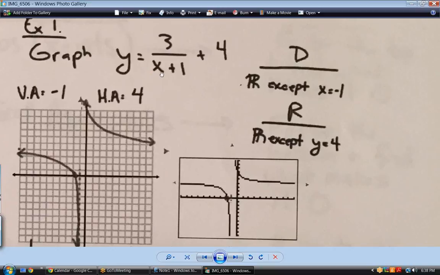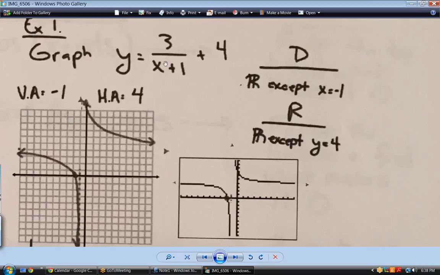Sorry. As x goes to infinity, this quantity goes to 0. Anytime you have a number over infinity, you're going to 0. Well, 0 plus 4 means that even in the worst case scenario where x goes to infinity, y goes to at least 4.